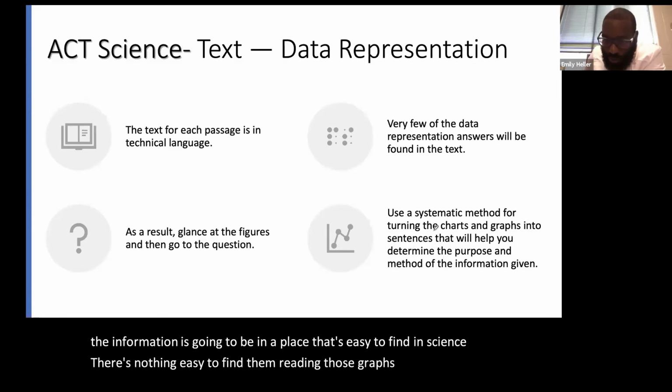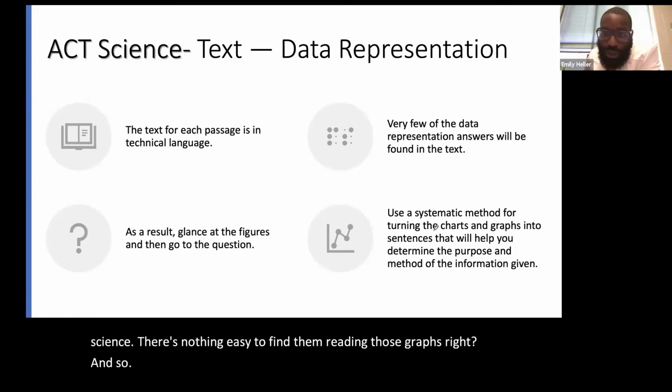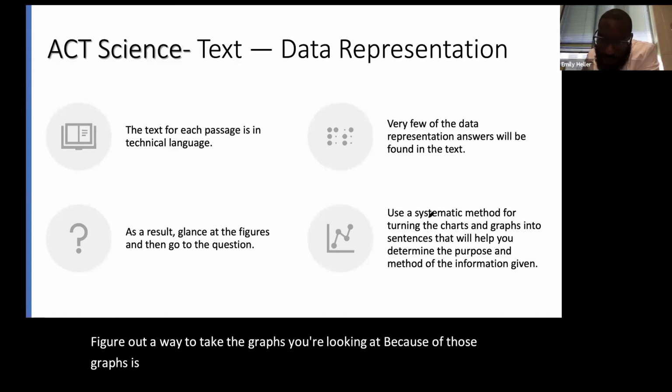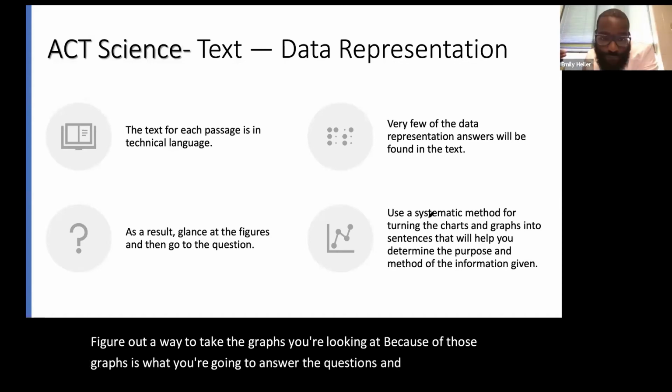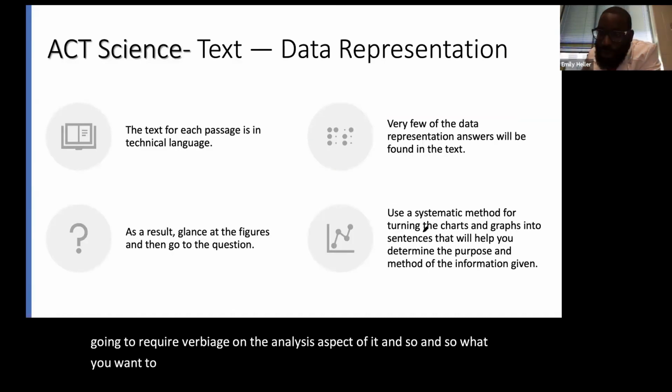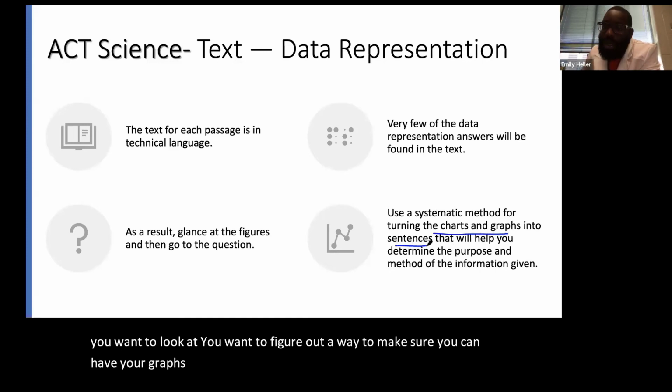So figure out a way to take the graphs you're looking at, because those graphs are what you're going to use to answer the questions. Unfortunately, it's going to require verbiage on the analysis aspect of it. So you want to figure out a way to have your graphs converted to some type of systematic sentence for you to understand what's going on.